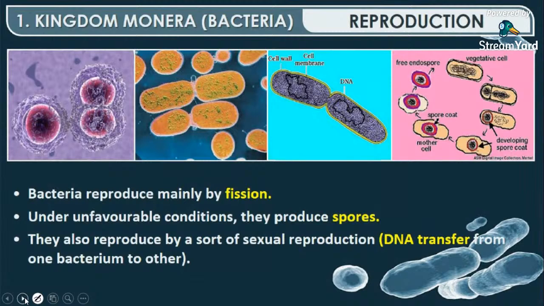Reproduction of bacteria. Bacteria mainly reproduce by fission, which is the asexual mode of reproduction. Under unfavorable conditions, they produce spores. And they also reproduce by a sort of sexual reproduction, that is, DNA transfer from one bacterium to another.